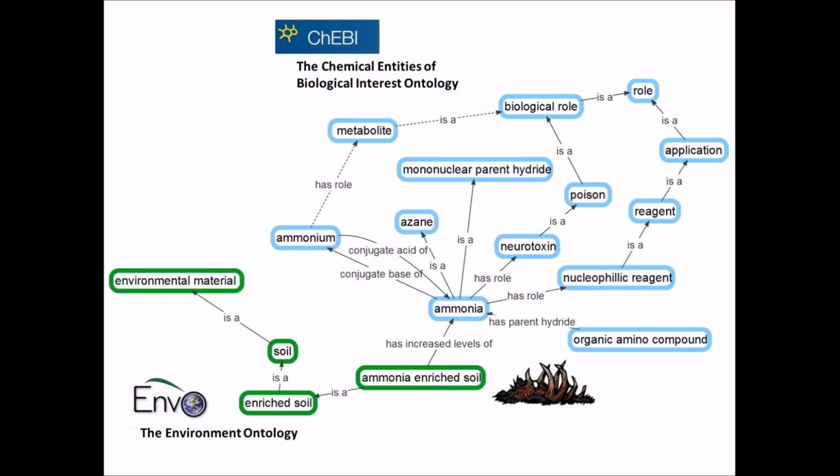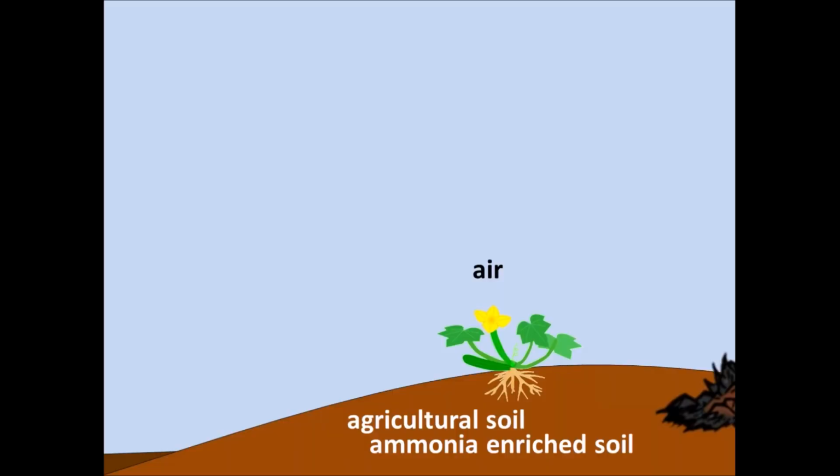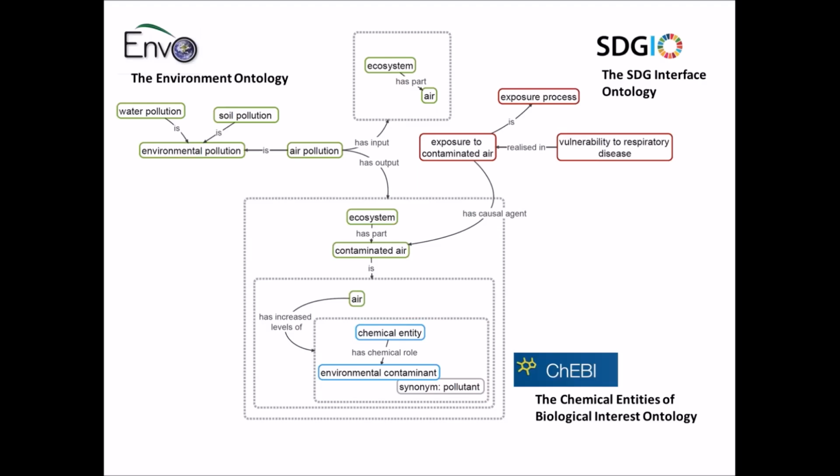Now, this is infrastructure. One can think of it as infrastructure on top of which developers can build tools to take advantage of this encoded knowledge. The same is true of the other material, air. If we connect air in much the same way, we know that air is a part of an atmospheric ecosystem, and of course, there are processes that end up polluting that air, which are encoded in ENVO and imported into SDGIO.